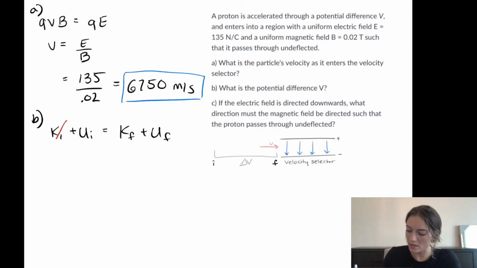So we can assume that our initial kinetic energy is 0. Whenever it says something is accelerated through some potential difference, you can almost always assume that the initial velocity was 0 unless it says otherwise. So all of our energy initially is potential. Then when it gets to the end of the potential difference, it has all kinetic energy and no potential energy.